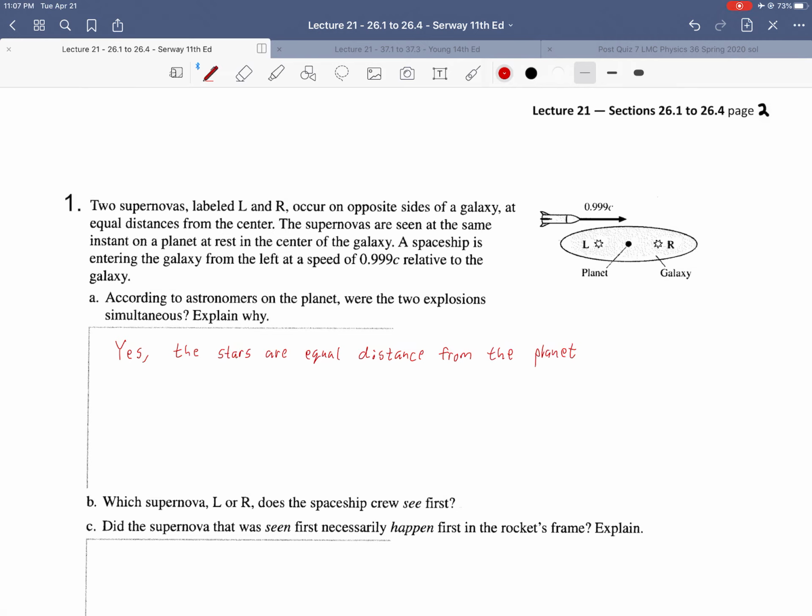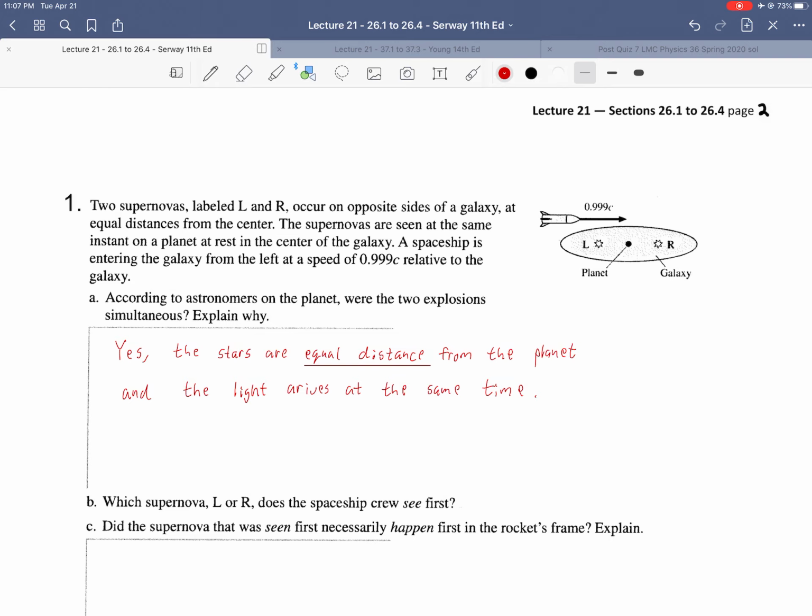So the light would arrive at the same time from both stars, and the planet would know how far away both those stars are. So here's just the planet, and the light arrives at the same time. That's how we know that they're simultaneous events.